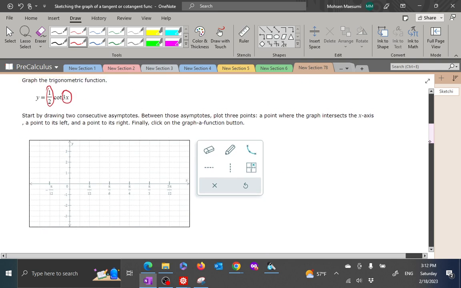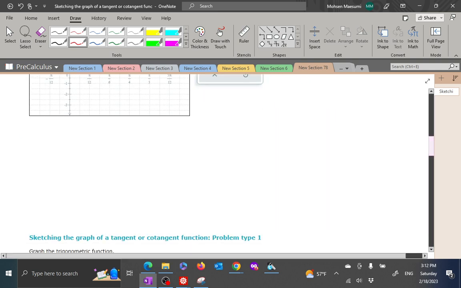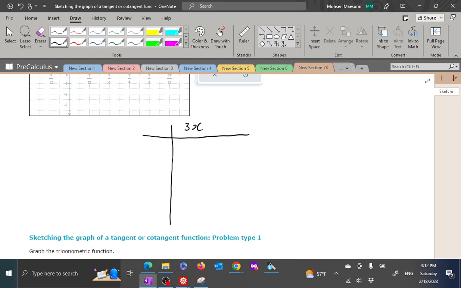So cotangent of 3x. Let's make a table with 3x and cotangent of 3x.